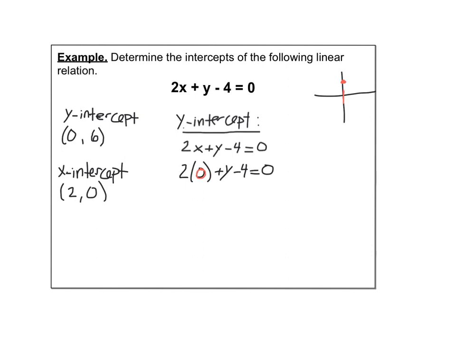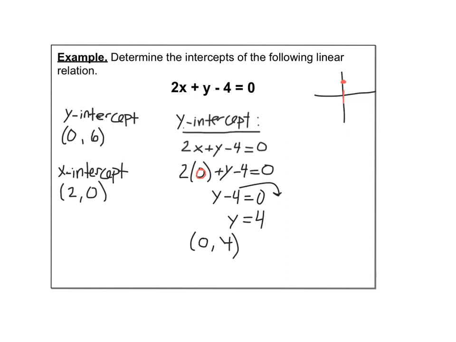Now, notice I have just one variable, y, which means I can solve for y. So 2 times 0 is 0, and that leaves me with y minus 4 is equal to 0. And if I put that 4 on the other side, I'm left with y is equal to 4. So my coordinate of my y-intercept is x is 0 and y is 4.